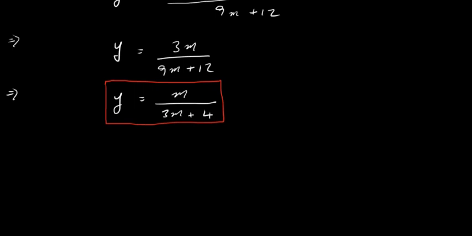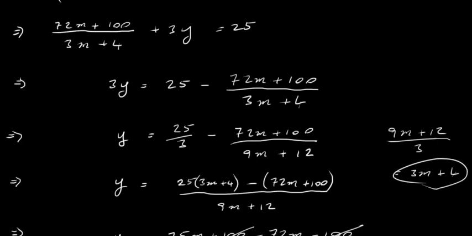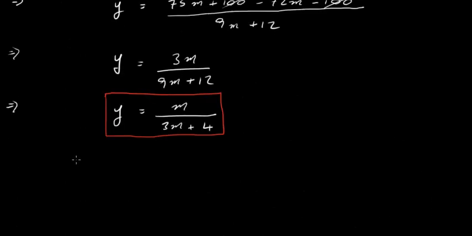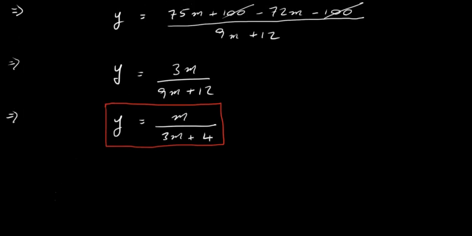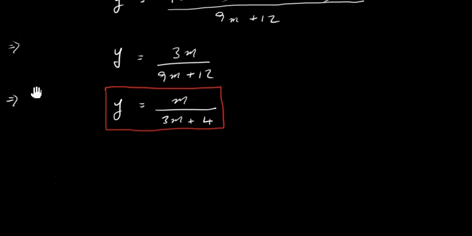So my answer then is, what way did they actually put the question here? The line L cuts K at the point P. Find the coordinates of P in terms of m. So my final answer is just going to be P. Let me just write that out.